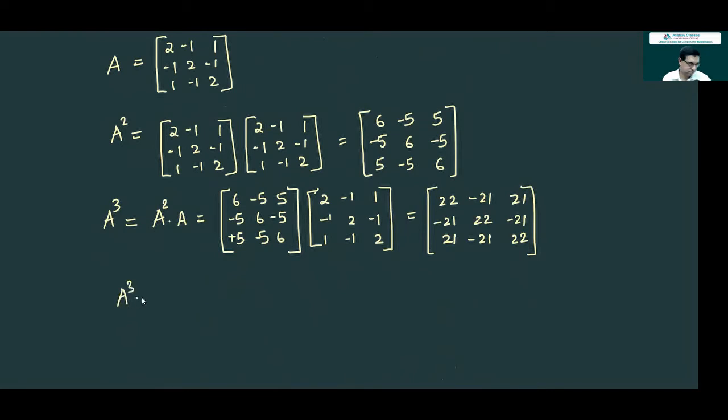A cube minus 6A square plus 9A minus 4I. What is this equal to?